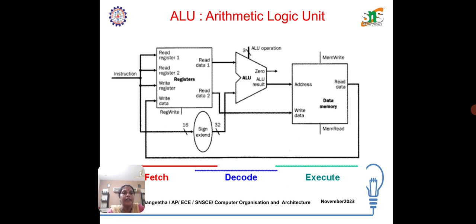This data path is used to perform arithmetic and logical operations. This unit consists of the instruction fetch, decode, and execute stages. For instruction fetch, the main components are the PC and instruction memory, for decoding, the register file is required, then the ALU, and for the memory operation, data memory is needed.